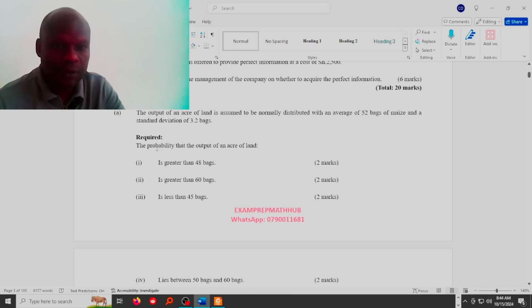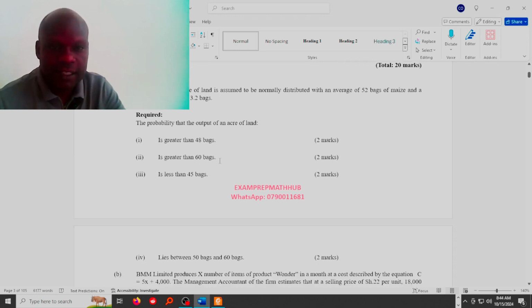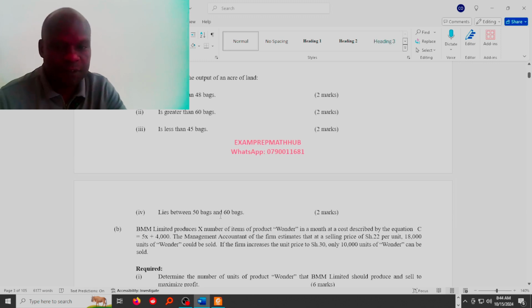Required: the probability that the output of an acre of land is greater than 48 bags, 2 marks; is greater than 60 bags, 2 marks; is less than 45 bags, 2 marks; lies between 50 bags and 60 bags, another 2 marks.